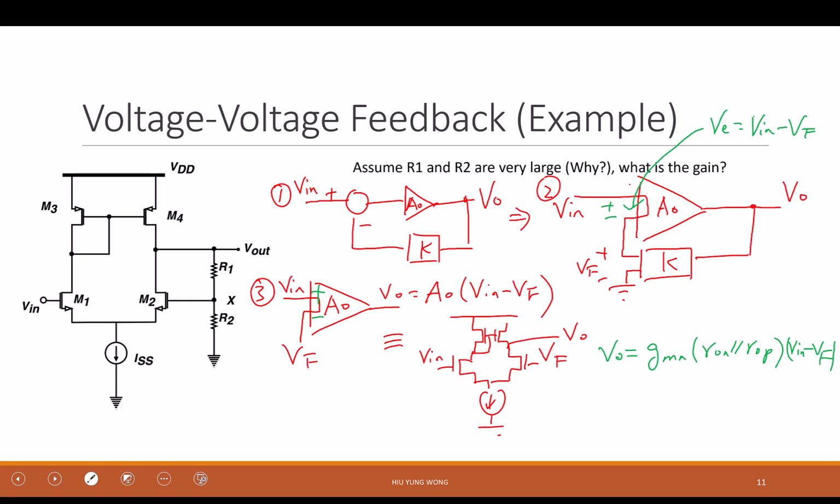Right, so in your exam, you need to have the ability to decompose the circuit into this part. Because once you can decompose to A and K, then you can use all the equations we derived earlier, how the input impedance will be modified, output impedance will be modified. Okay? Any questions? Think about this.